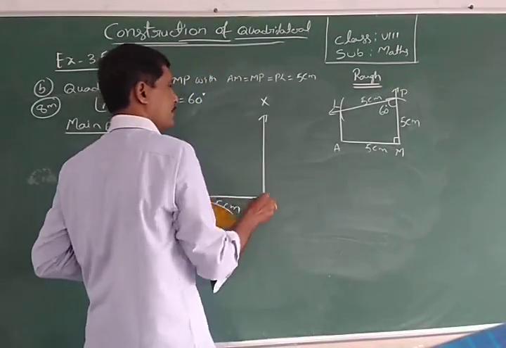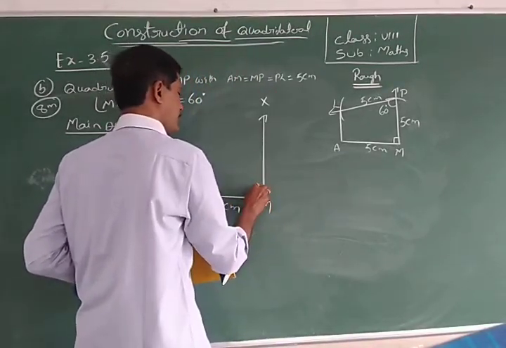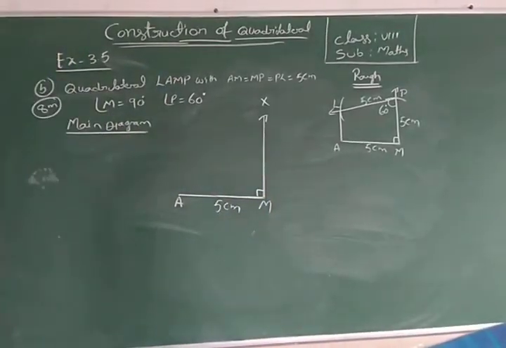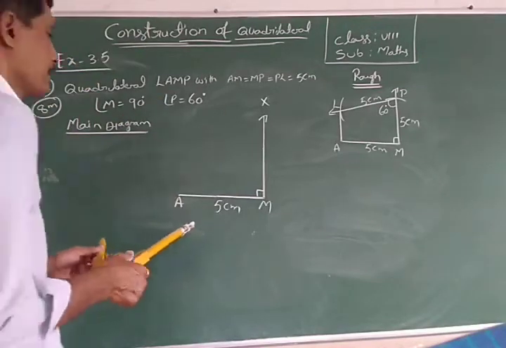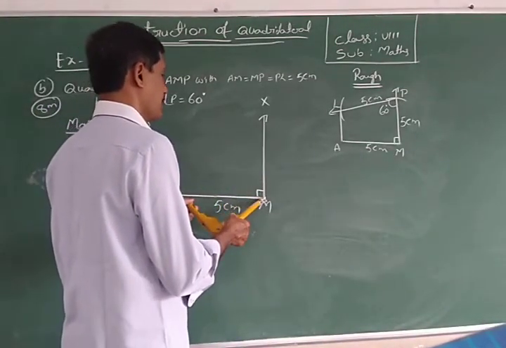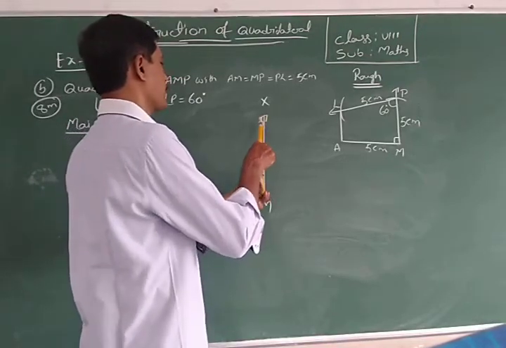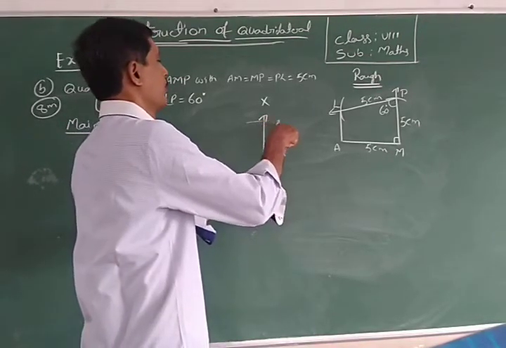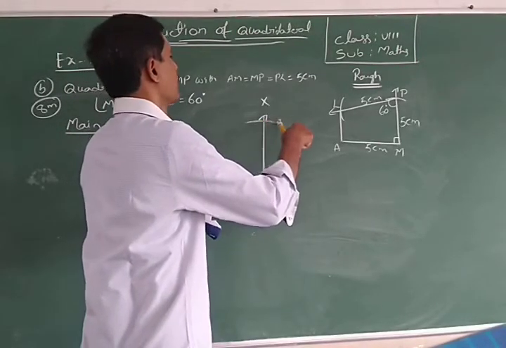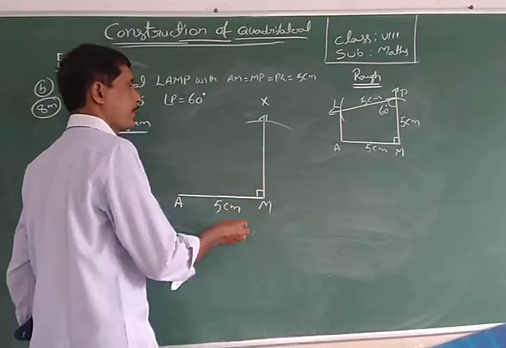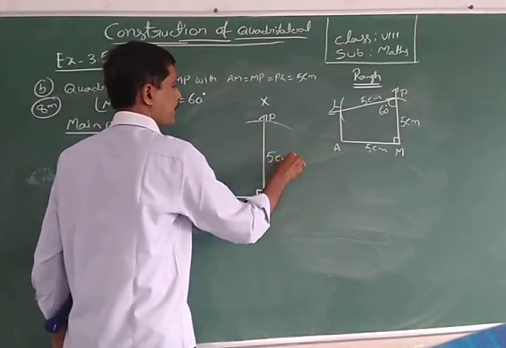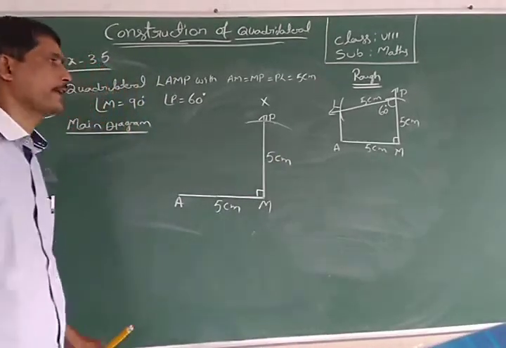This is X, therefore your angle is 90 degrees. Next, here AM equal to 5 centimeters. Take M as the center, draw the arc with 5 centimeters. The point is P. This is 5 centimeters. That is 5 centimeters.